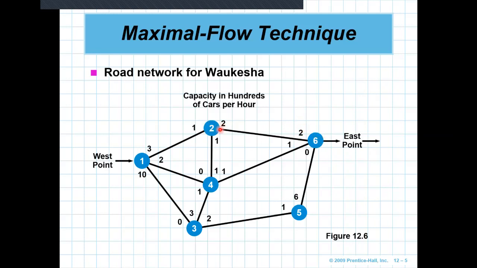If we see the start is from 2 to 6, then this 2 is the capacity, and the other 2 is the reverse capacity. So from 1 to 2, 3 is the capacity and 1 is the reverse capacity. That's how we read the information in this network.